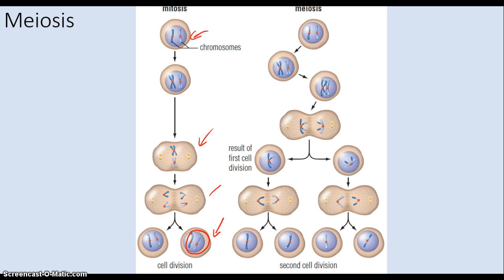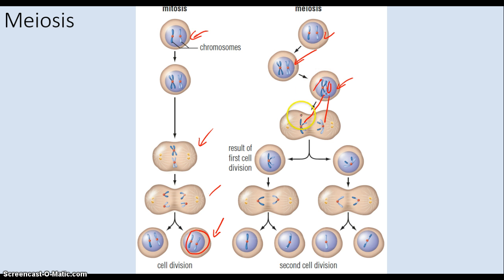During meiosis, the parent cell goes through interphase where the chromosomes are duplicated. In the first cell division, the chromosomes pair up, but only one of each pair goes to each daughter cell. So one of this chromosome is going to go in here, and the other one's going to go here.